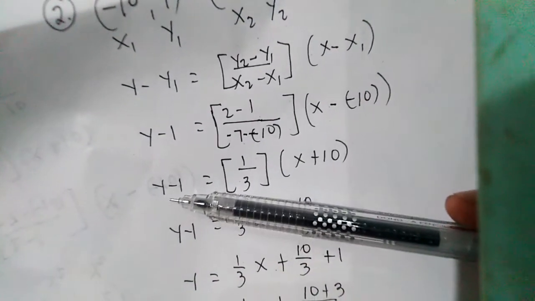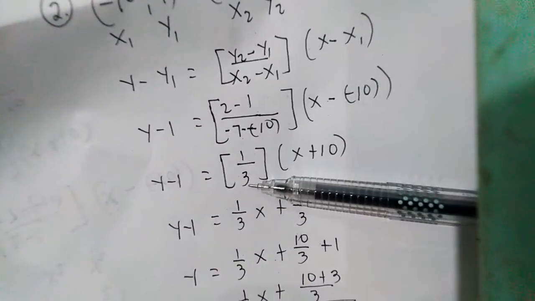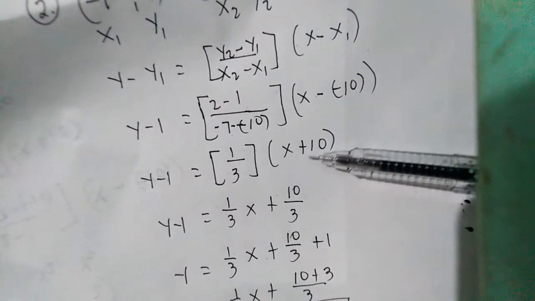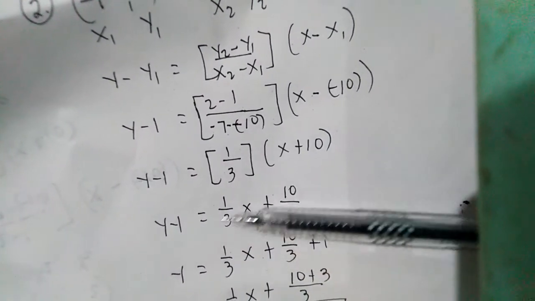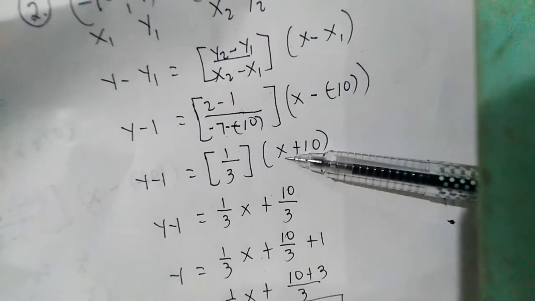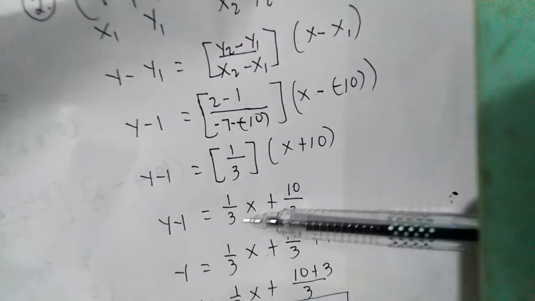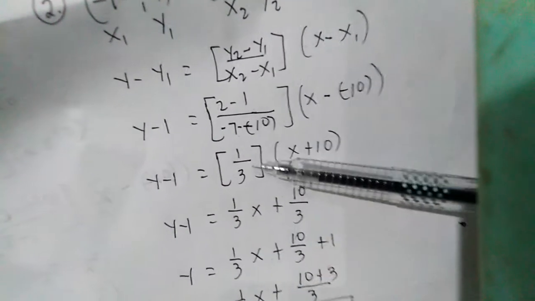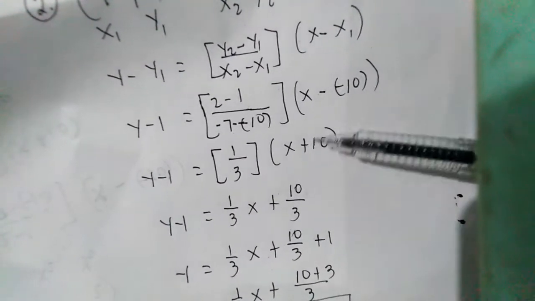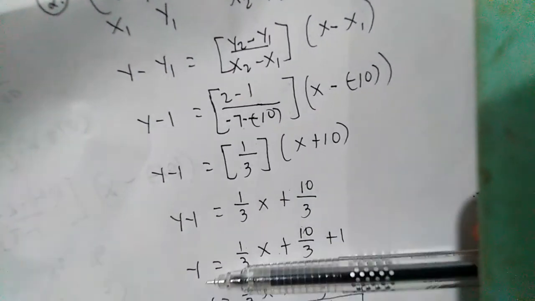Then simplify: y minus 1 equals 2 minus 1 is 1, then negative 7 minus negative 10 is positive 3, times x plus 10. So y minus 1 equals 1/3 times x plus 10. Let's do the distributive property. 1/3 times x is 1/3 x, plus 1/3 times 10 is 10 over 3, because 10 times 1 is 10, and over 3.